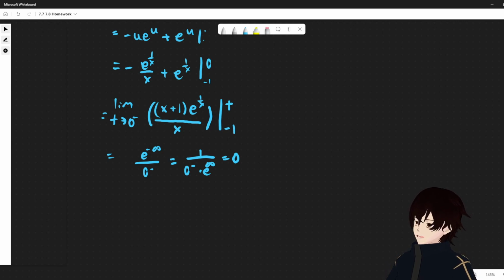Gotta double check. It should in theory approach 0. E to the power of 1 over x divided by x. Yeah, it approaches 0.